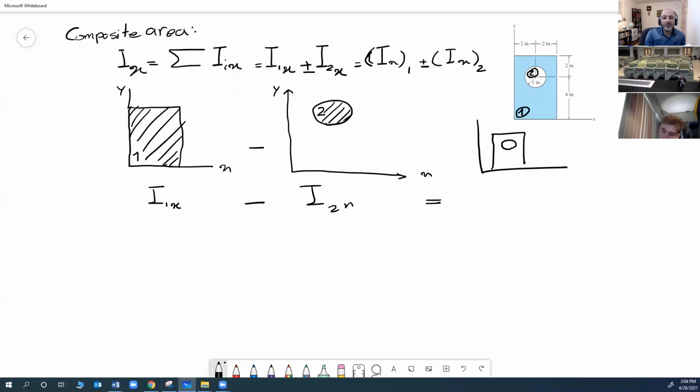So I need to find I of this area and deduct area 2 from it. All right.